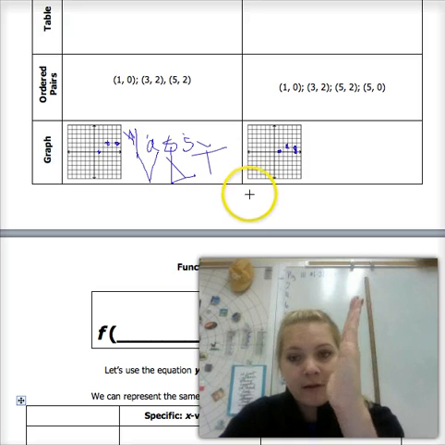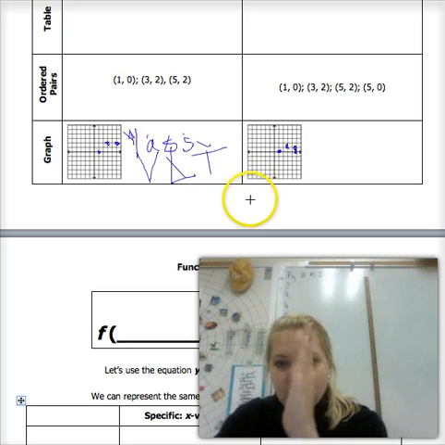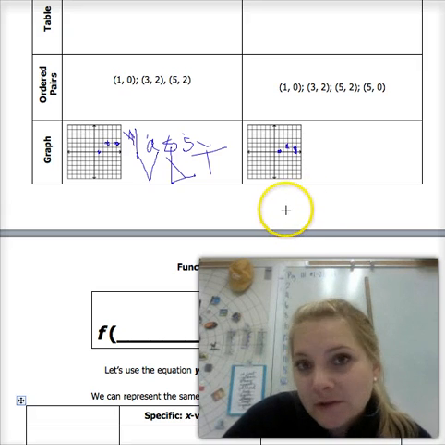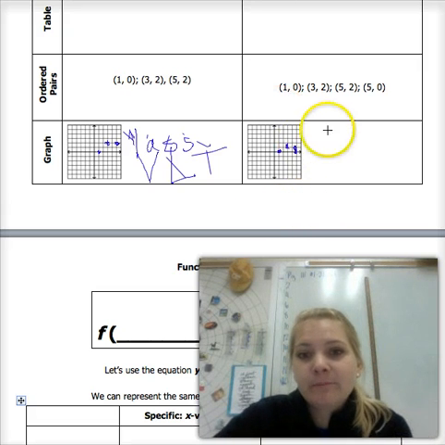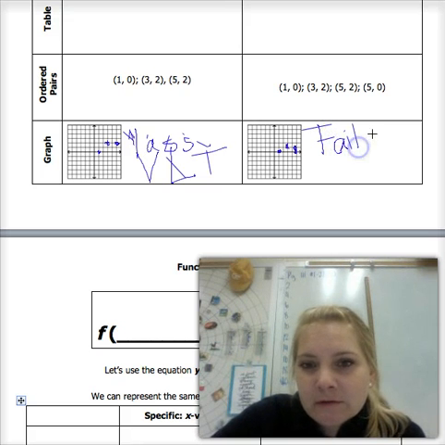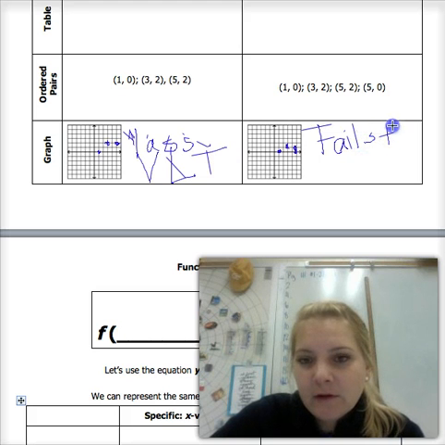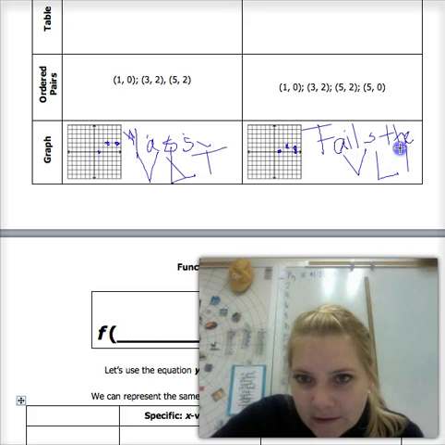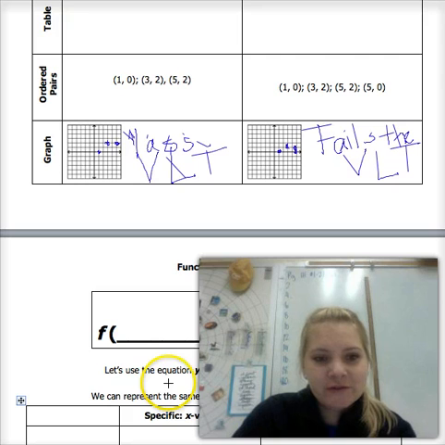To pass the vertical line test, we have vertical lines, so straight up and down, and as we move across the graph, it only is going to hit one dot, one ordered pair, at each time. So since it fails the vertical line test, and this is looking a little odd, it is not a function.